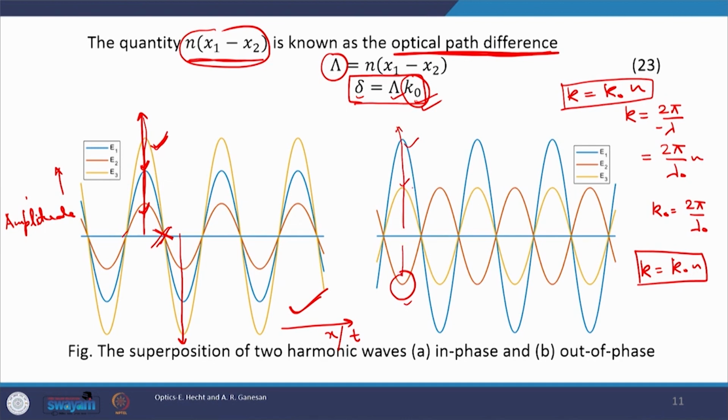Therefore, if you sum these three waves, the resultant will be reduced as compared to that in the first case. Therefore, what we can say is that E2, which is represented by red color, is out of phase with wave E1 as well as wave E3, while in figure 1 all three waves E1, E2 and E3 are oscillating in phase, while in the right figure E2 is oscillating out of phase while E1 and E3 are in phase.